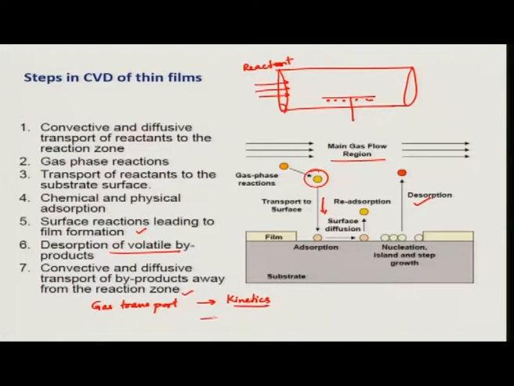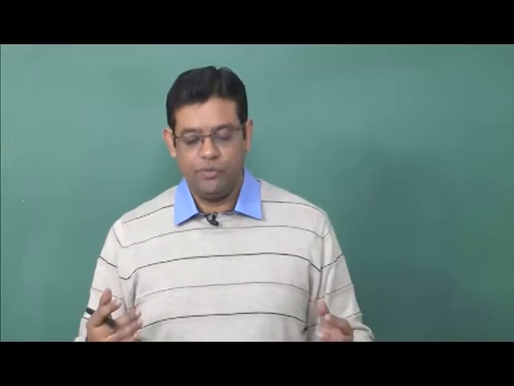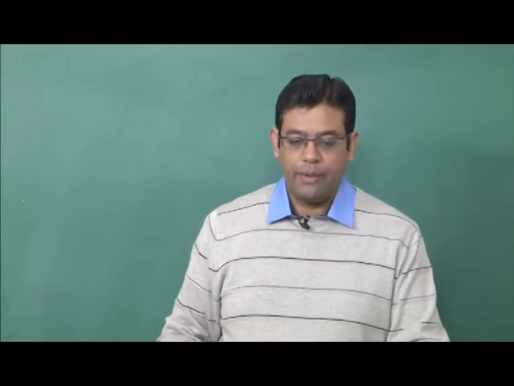The second part is the reaction itself, which will involve knowledge of the thermodynamics of the reaction. Both of these should be adjusted properly to get the clean, uniform thin film that you want.